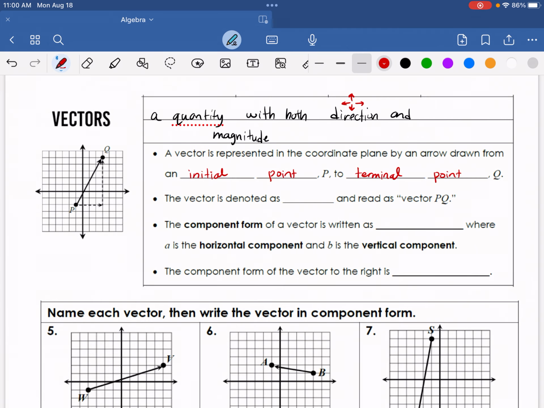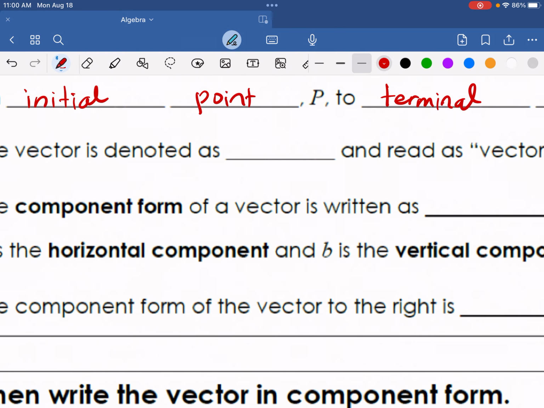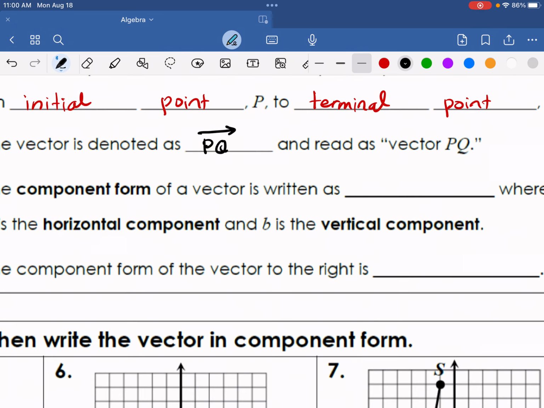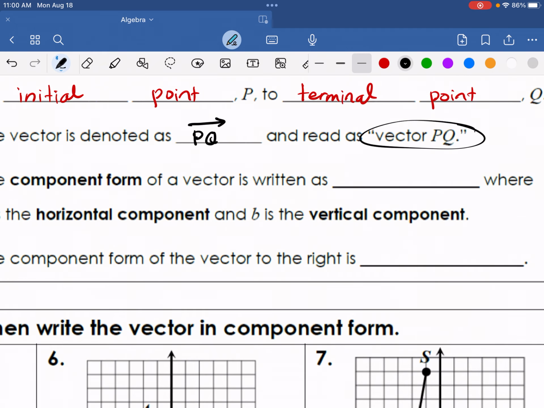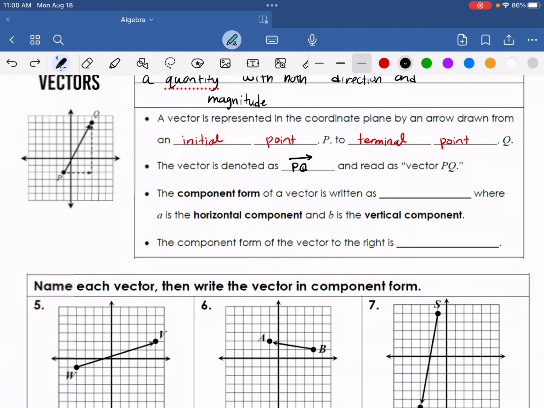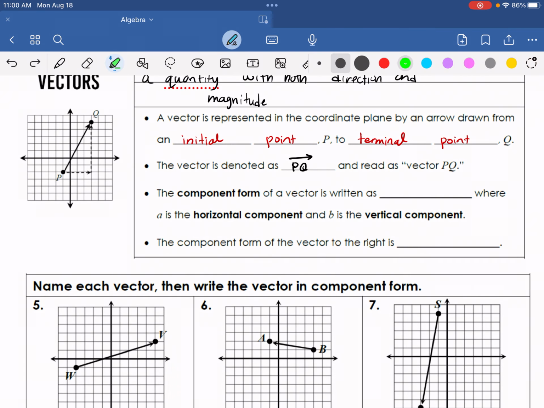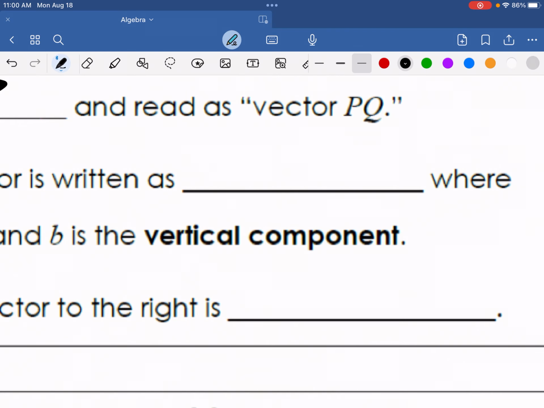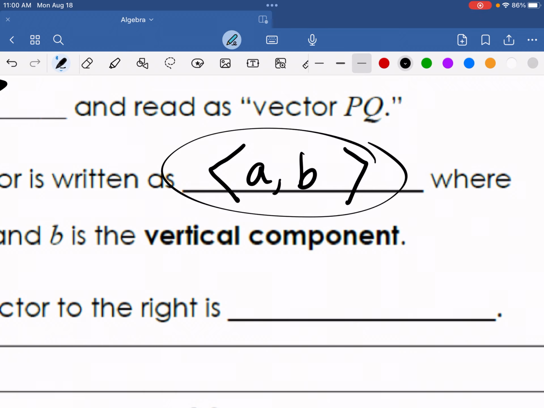The vector is denoted as, so how do we write it? We write it as vector PQ because we start at P and go to Q. And that's how you read it, vector PQ. Component form, so the component form is the directions. We write it in these very straight brackets, A comma B. This is literally a direction.